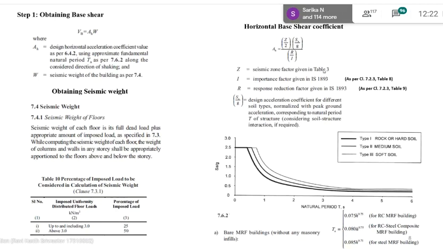If you are designing a building for the entire earthquake load, your building sections can be very huge. Column sections and beam sections can be very huge. So to make it economical, we use the response reduction factor, but that is not the only reason. The first and foremost reason is making the building economical.